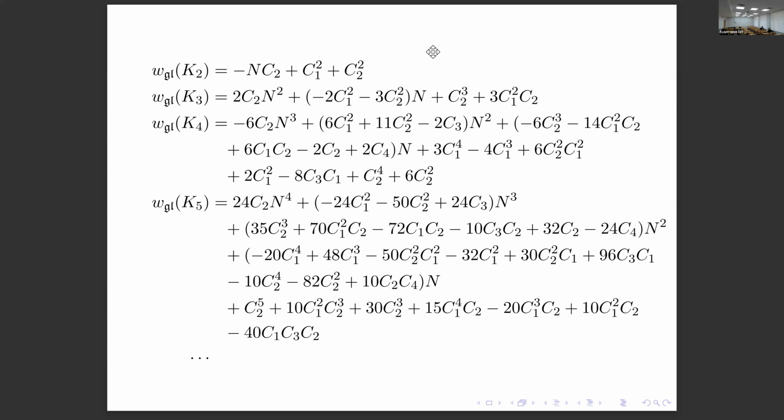And C4 you also find in the GL weight system of K4, but presumably this will always be the case for arbitrary n: what you obtain will contain only Casimirs of order at most the number of chords.